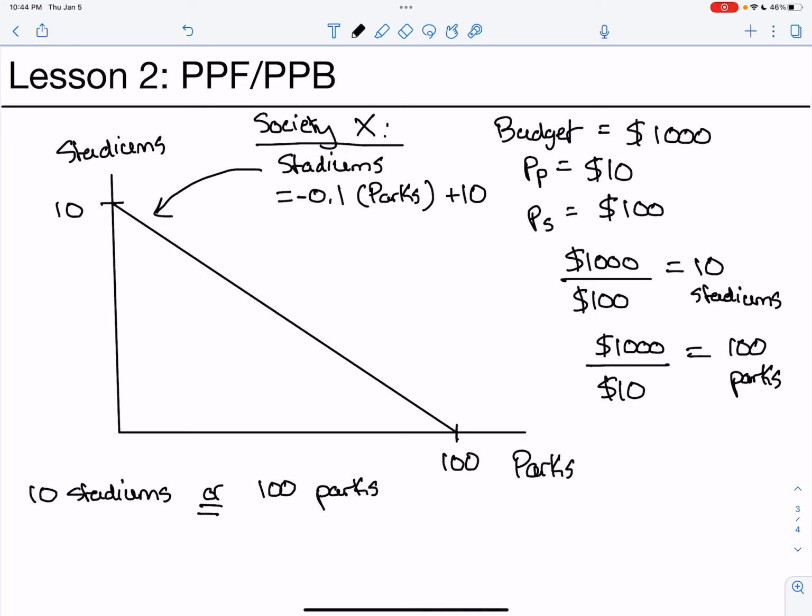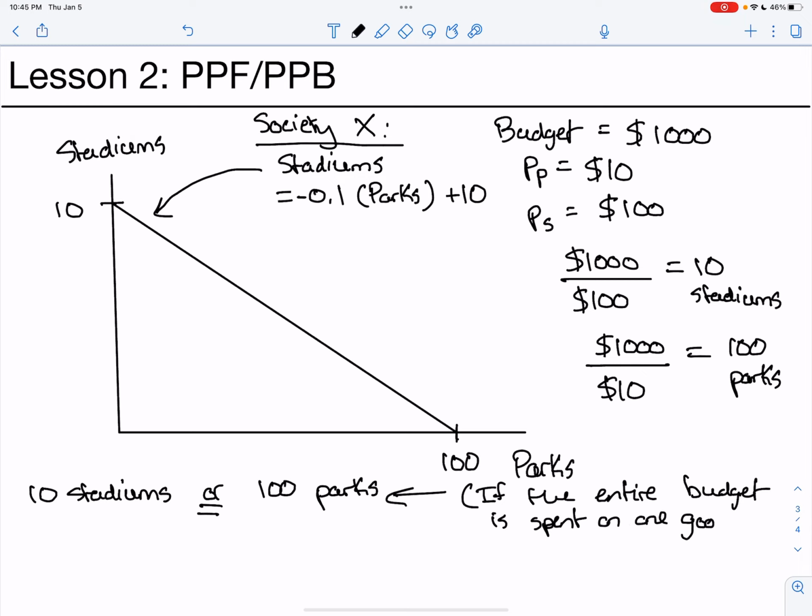Now, this choice applies if the entire budget is spent on one good. If the entire budget is spent on stadiums or if the entire budget is spent on parks, this is the choice that the society faces, 10 stadiums or 100 parks.